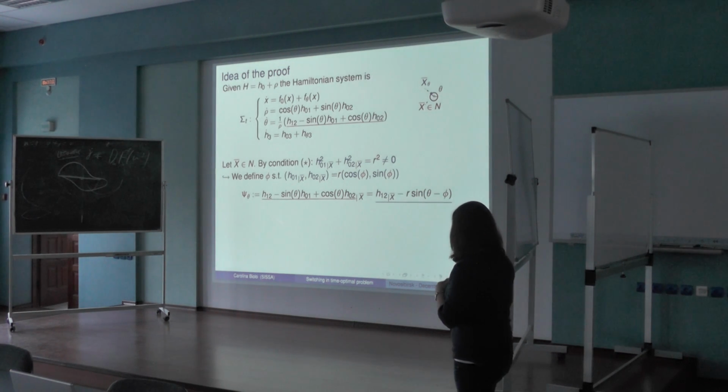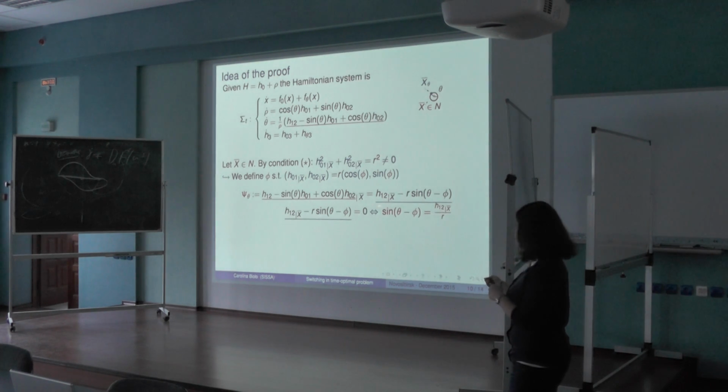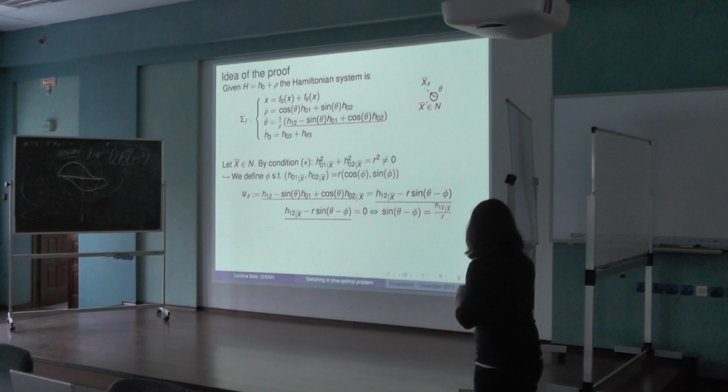Let us calculate this part in our little disk, in our little circle, okay? And we have just this formula, and this formula is equal to 0 if and only if the sine of theta minus phi is equal to h1 Coulomb x bar over r. It was our old element.